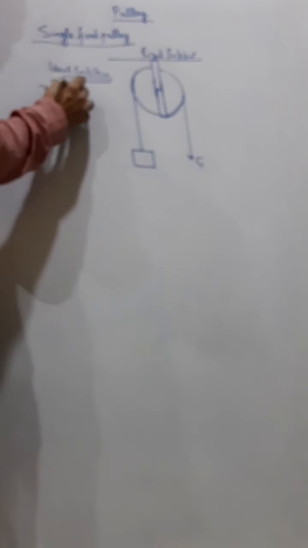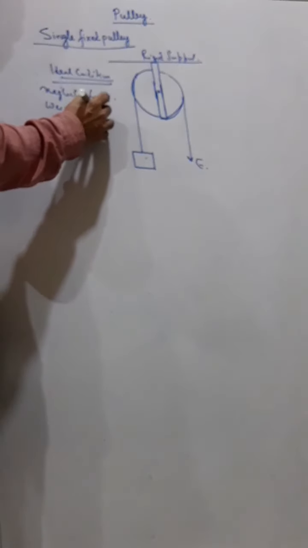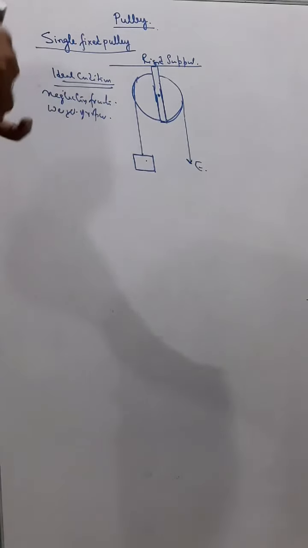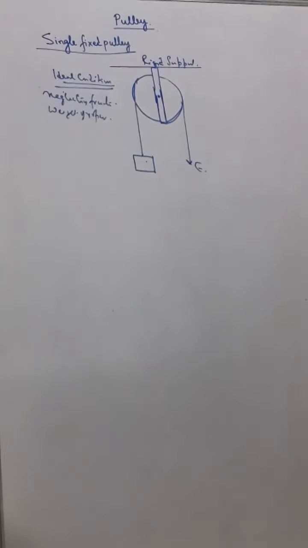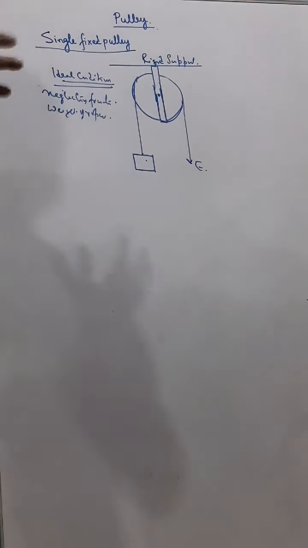That means we are neglecting friction, and we are neglecting the weight of the rope. Practically there are friction and weight of the rope, and therefore the mechanical advantage decreases. But we are calculating the mechanical advantage and the velocity ratio in ideal condition.